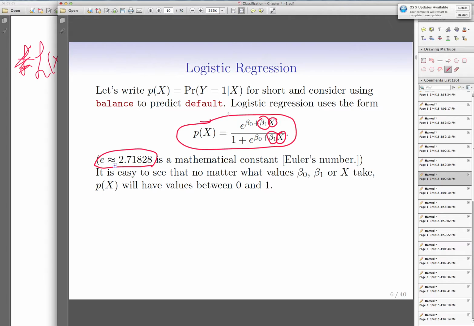So these x's are predictors. Px is the probability that it belongs to category 1.